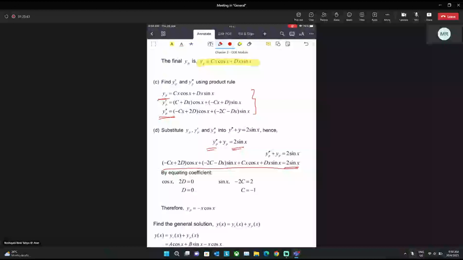Equating coefficient. So you can, okay, here is sin. Cos boleh juga. Buat mana-mana lah. So sin and cos. Whatever you have for x ni, you boleh go for equating coefficient. So cos x, sin x. Right?